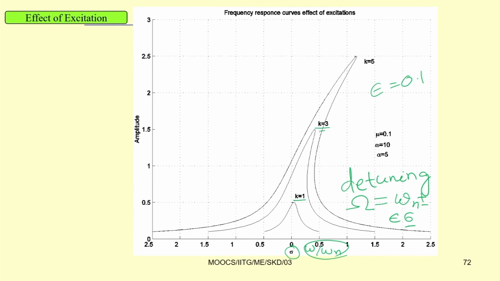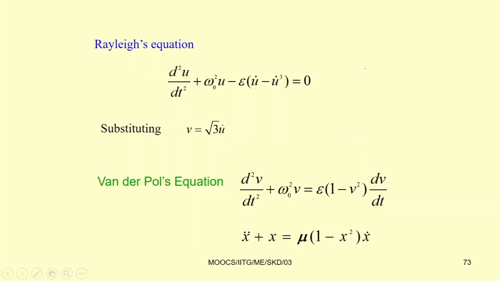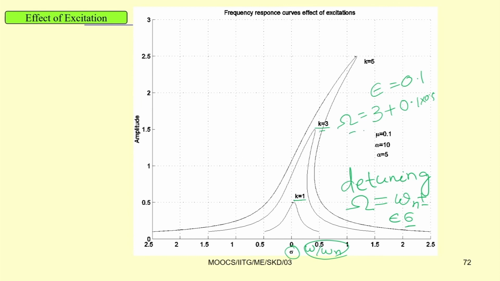If epsilon equals 0.1, in that case capital omega will be equal to omega n, which we have taken as 3, plus 0.1 into 0.5. So, this becomes 3.05. The external frequency will be equal to 3.05 hertz.